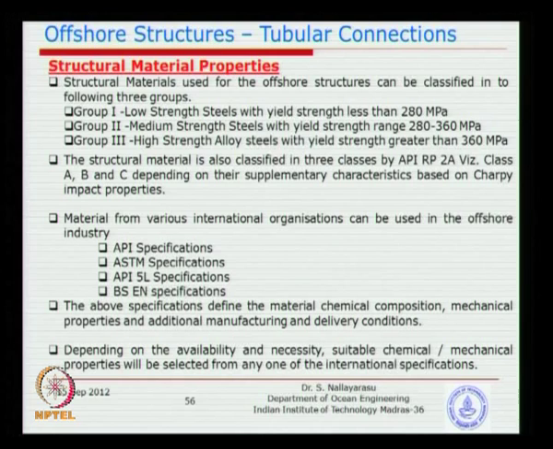And you have materials coming from various specifications: American codes, ASTM, API, British codes, and now ISO codes. Most of the British codes have now been merged with the ISO codes, they are called BS EN, and you will find several classes of materials available for ship construction, and steel for the structural application for offshore structures and onshore structures. So, you have to select them suitably.